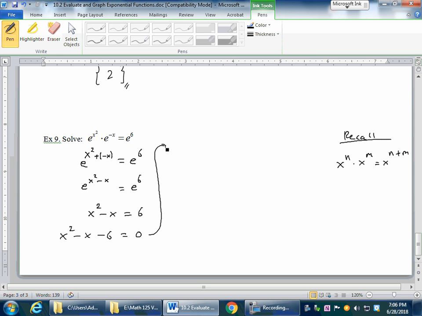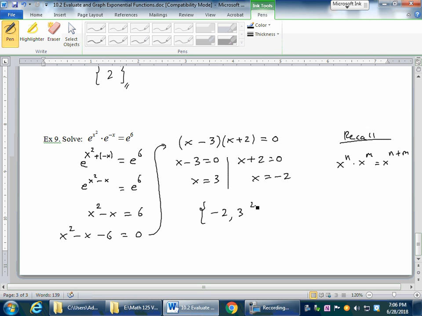When I factor it out, that is factorable, so it will be x minus 3 and then x plus 2 equal to 0. Using the zero factor property, x minus 3 is equal to 0 and x plus 2 is equal to 0. So therefore, x is equal to negative 2 and x is equal to 3. So this one, we have two solutions, negative 2 and 3. And this concludes this section.